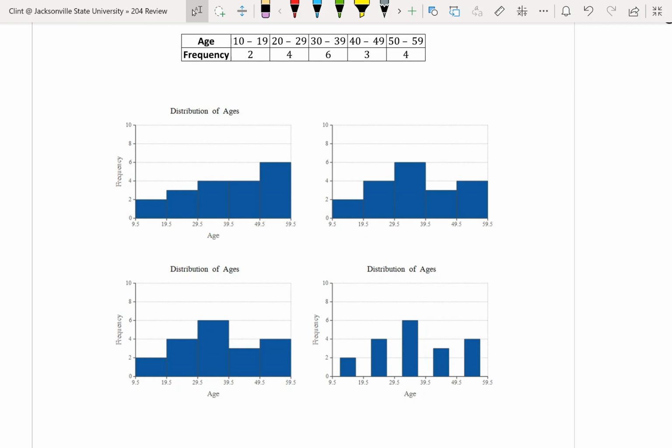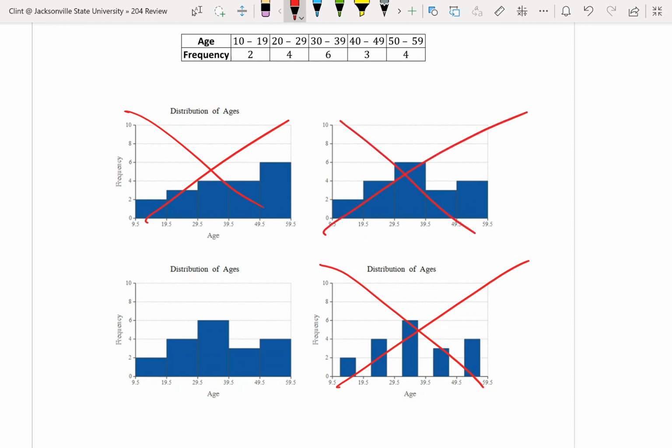Okay, it's not the first one, because it doesn't match up with the data in the table. It's not the last one. Why is it not that last one? Yeah, it's not a histogram, it's a bar graph. So not that one. It's not number 2.